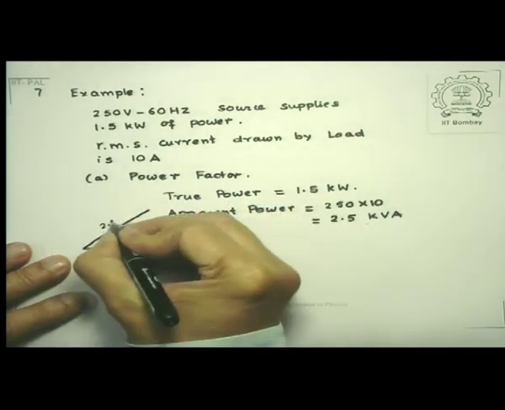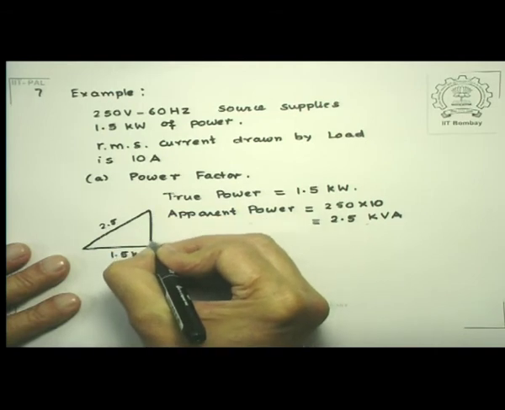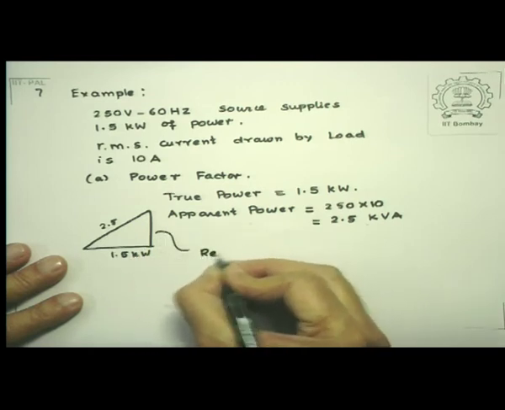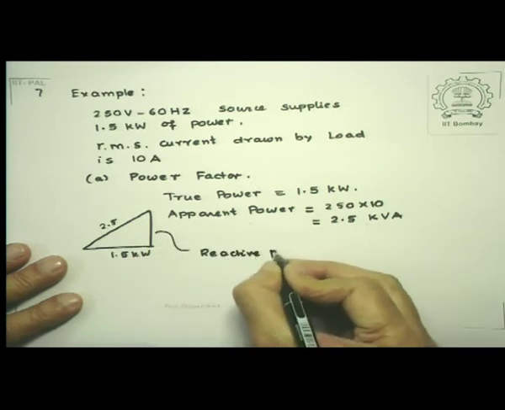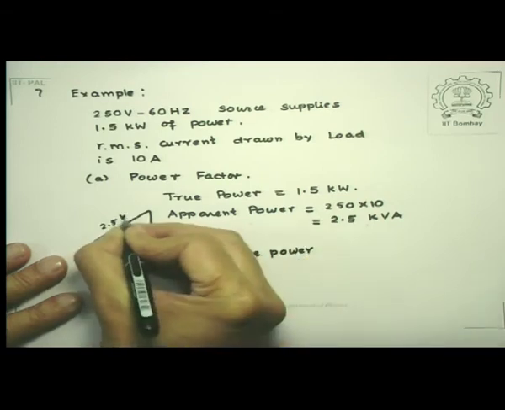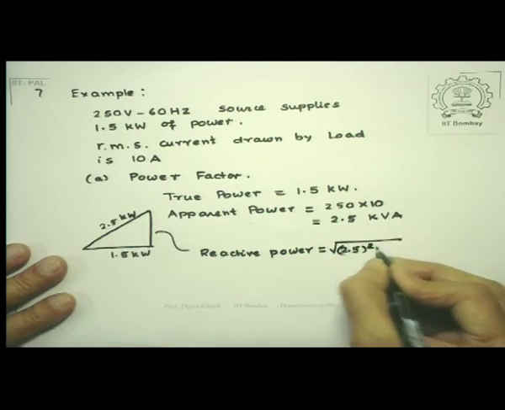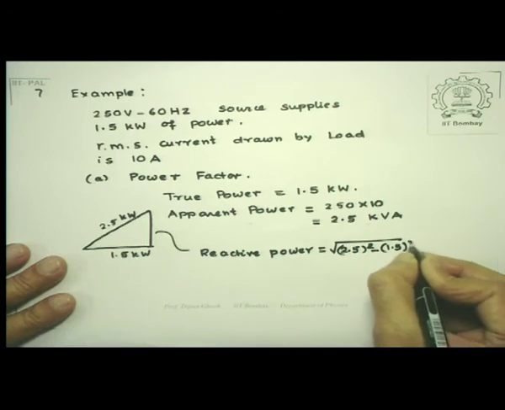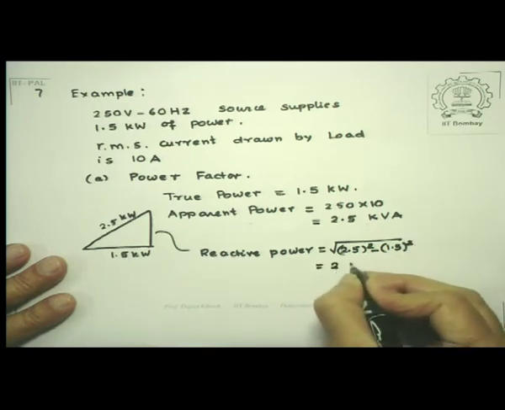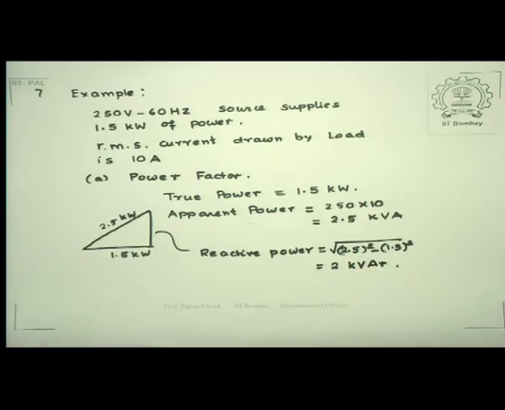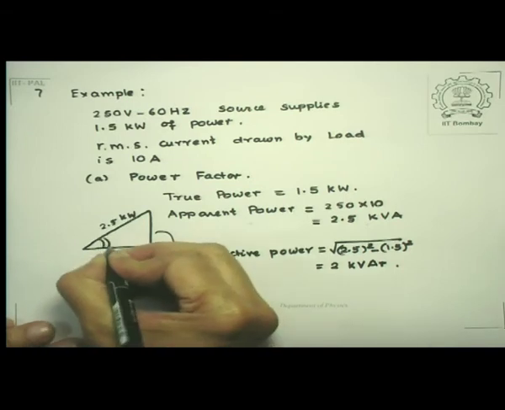So this is your reactive power, in kilovolt ampere reactive, and that is equal to the square root of 2.5 squared minus 1.5 squared, which simply is 2. So 2 kilovolt ampere reactive. These are standard notations used by electrical engineers. So this angle is phi.